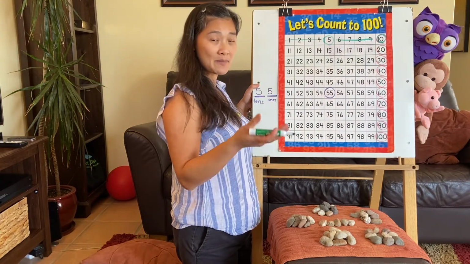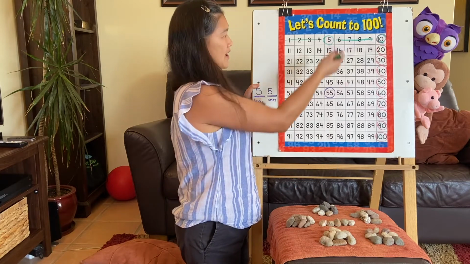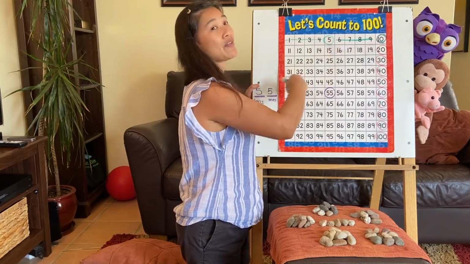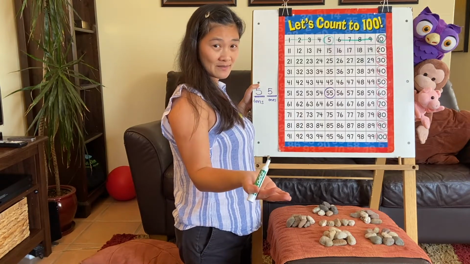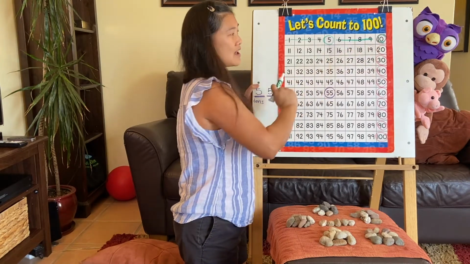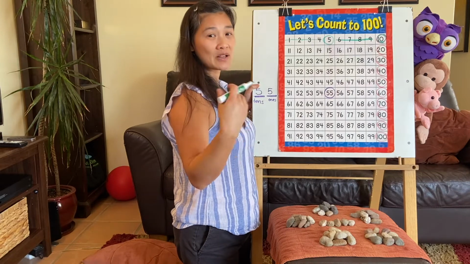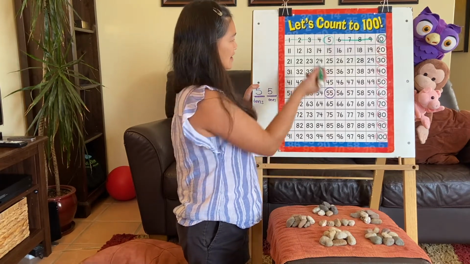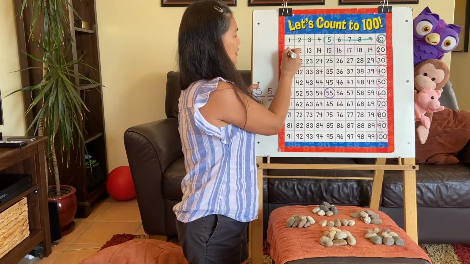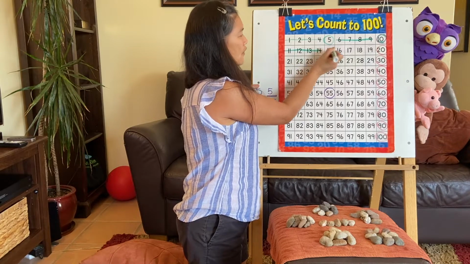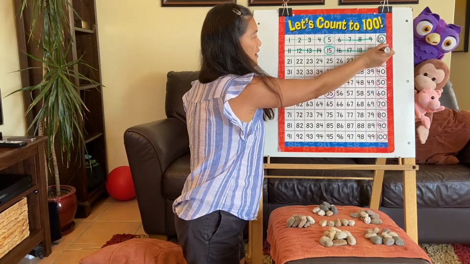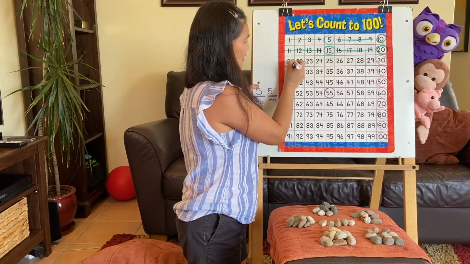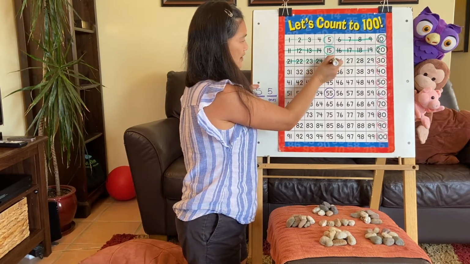So when we skip count by 5, we count 5, and then we count the next 5. It's like 5 plus 5, it's 10, right? So we count 10. And then what's 10 plus 5? It's 15. So we skip 1, 2, 3, 4, count the 5th one. 1, 2, 3, 4, count the 5th one.